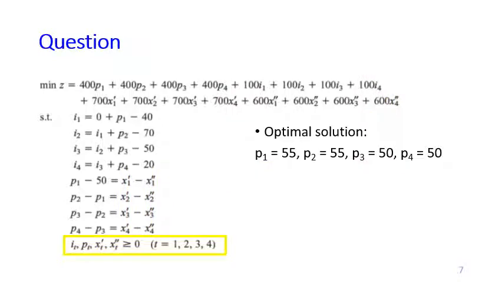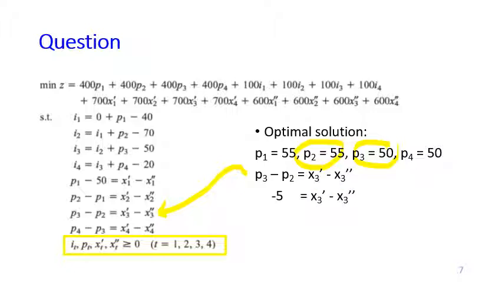Now here's the question. We have seen the optimal solution of this problem in the previous slide. If we look at this constraint, P3 minus P2 equals x3 prime minus x3 double prime. If we plug in P3 equals 50 and P2 equals 55, P3 minus P2 equals minus 5, right?